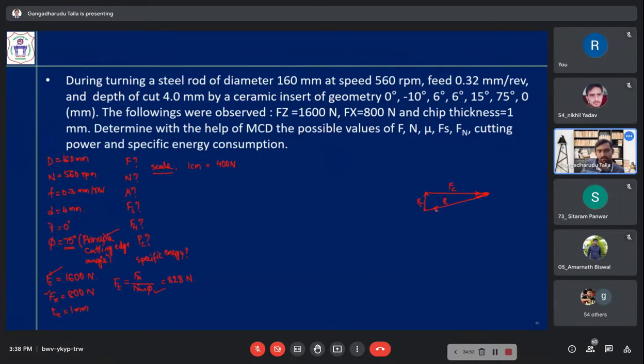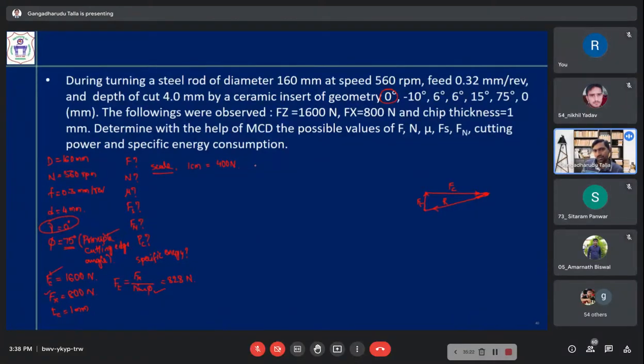Now, can we draw any other force? Gamma 0 degree, is it correct? What is this angle?